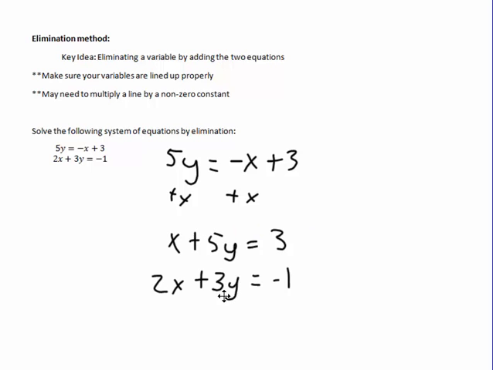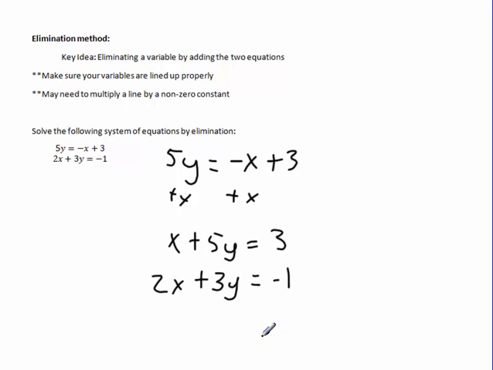Now, I know we've already done this problem. However, I want to see this problem done with elimination. So, I'm going to do this problem in 2 different ways. The first way, I'm going to eliminate x. Now, mind you, if I just add these 2 lines together, I'd end up with 3x plus 8y equals 2.